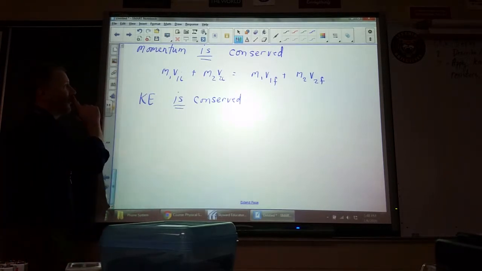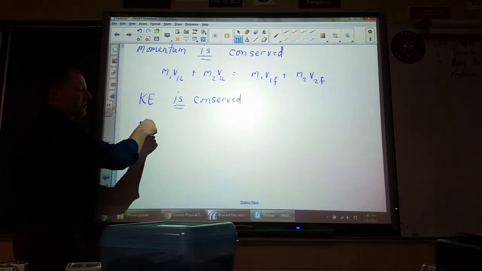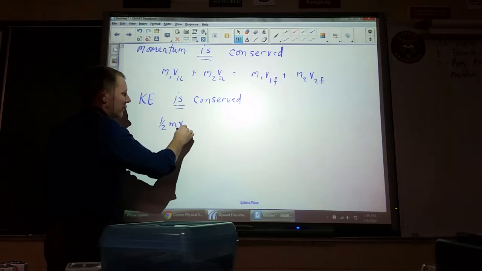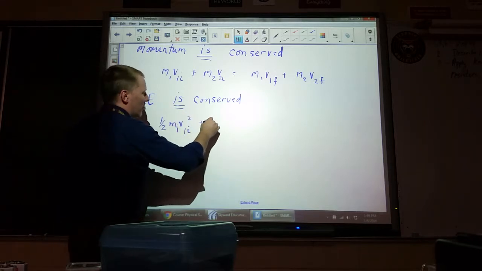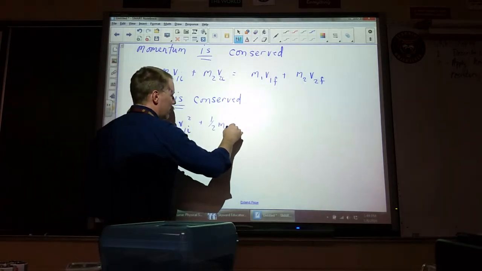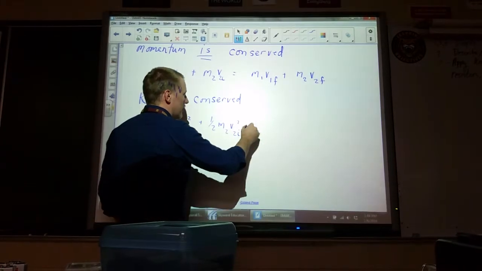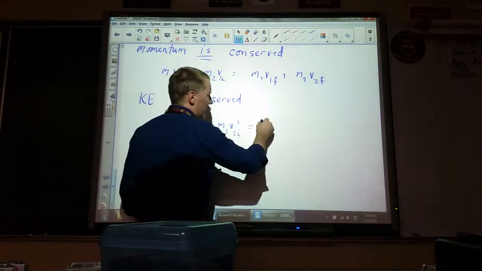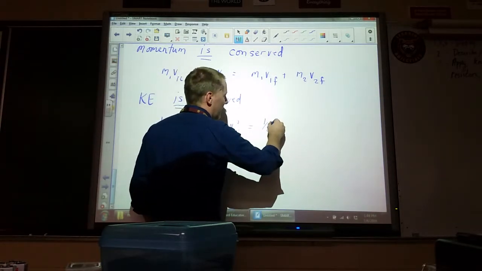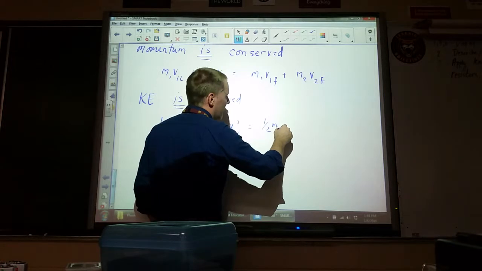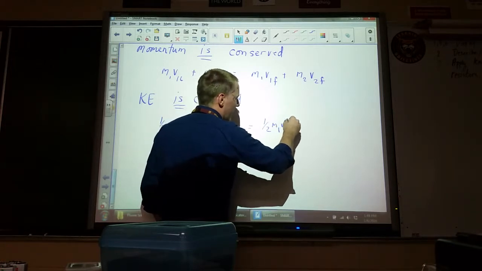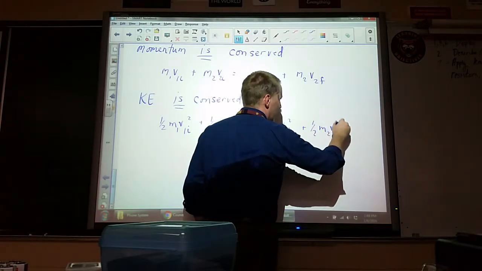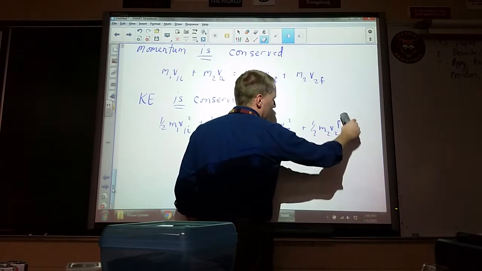What this means for us is that if we took the kinetic energy before the collision, 1/2 m1 v1 initial squared plus 1/2 m2 v2 initial squared, that's going to be equal to the kinetic energy afterwards, which would be, using our terms up here, 1/2 m1 v1 final squared plus 1/2 m2 v2 final squared.